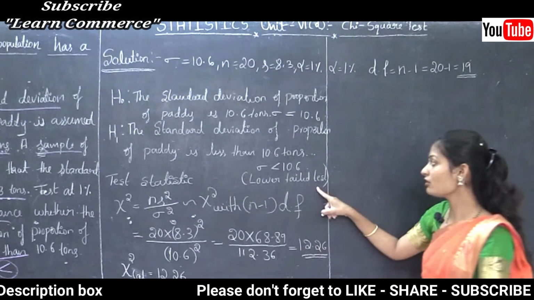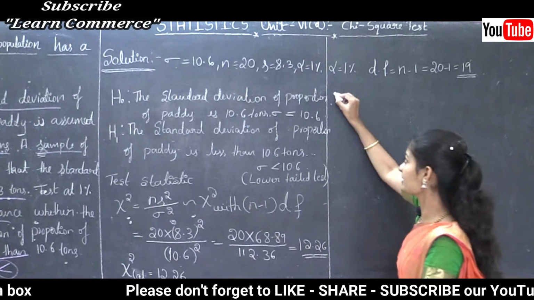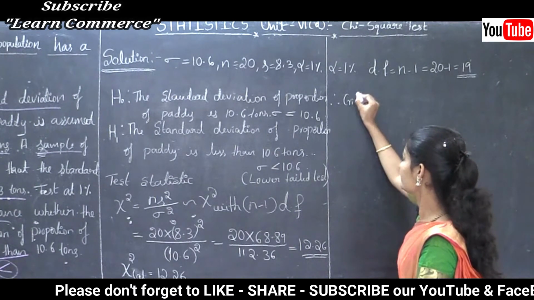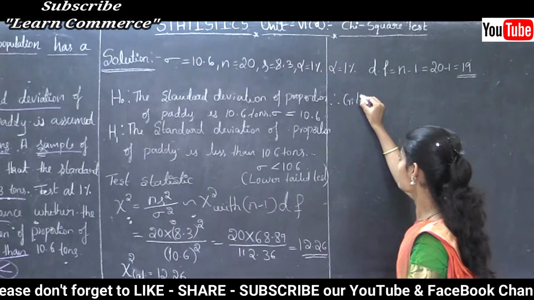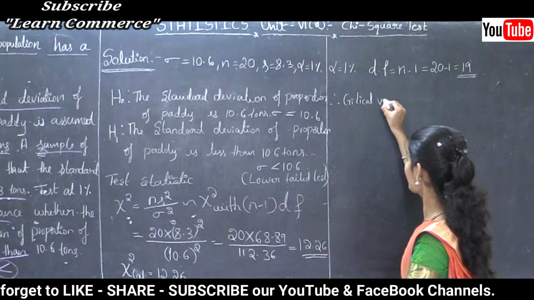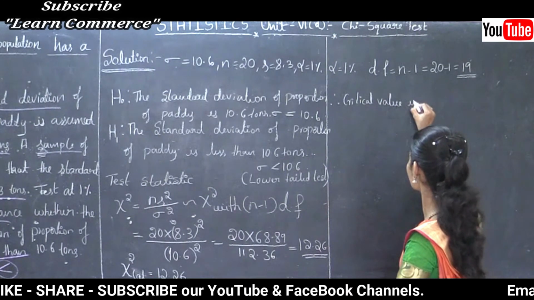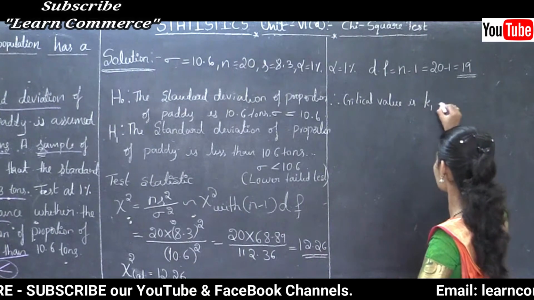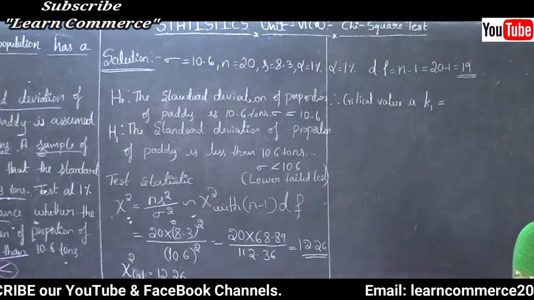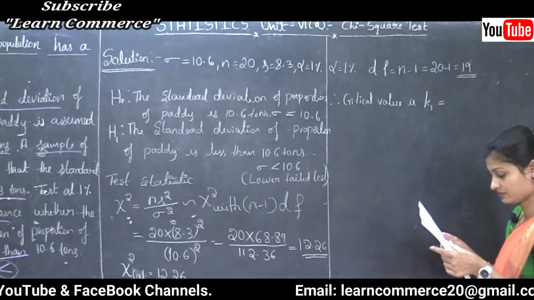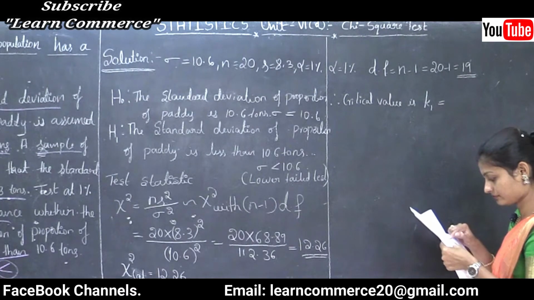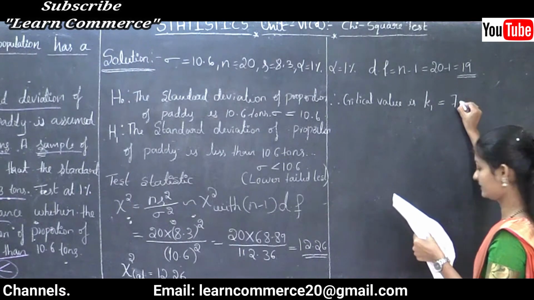Since it is a lower tail test, the critical value is K1, and the K1 value is 7.63.